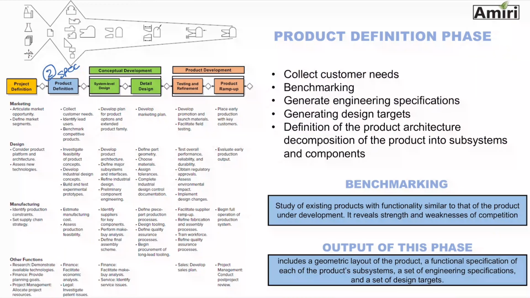So hopefully at the end of this phase, the biggest things that we can move on to the next phase, step 3, for which we've used the keyword design or concept, are a set of design targets and a clear set of engineering specifications, which are the result of this phase.